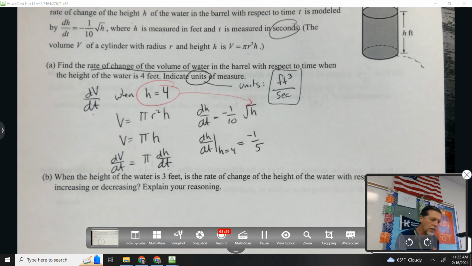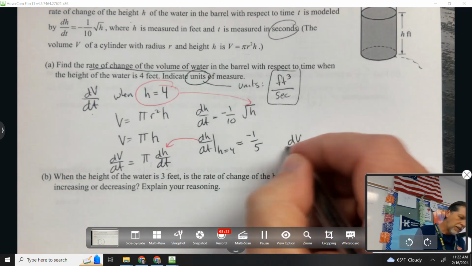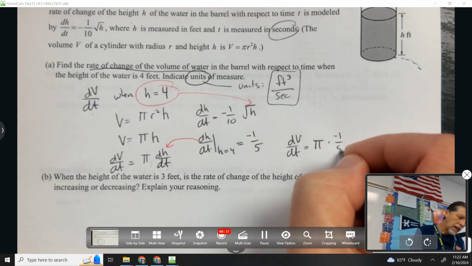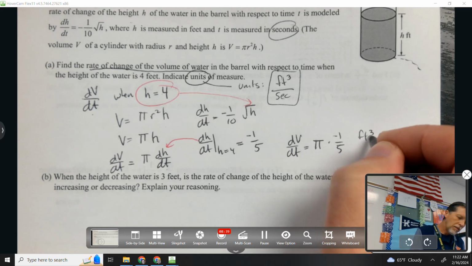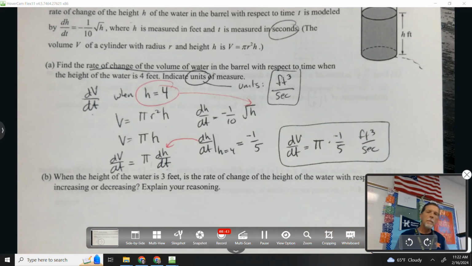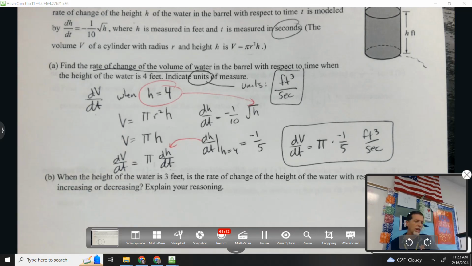And then I can use that. So dV/dt is pi times negative 1/5 feet cubed per second. Okay, so that's like old stuff. That's not what we've been doing recently.